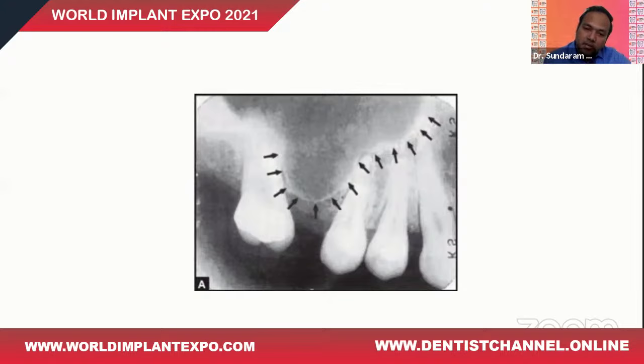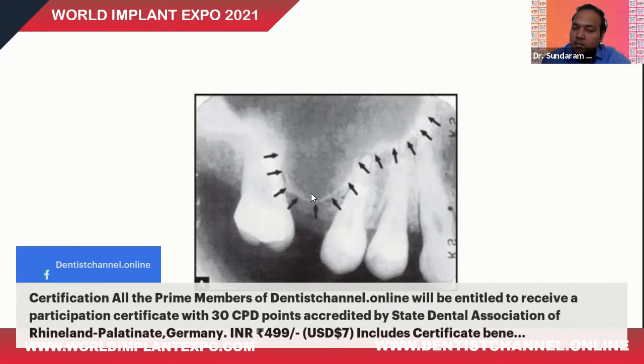For some unknown reason, the maxillary sinus can dip down, but will not completely erode the crestal cortical plate of the maxilla. Again, if I'm going to place the implant over here, I don't have an idea of how much bone is available, how much bone grafting I'll have to do, how much sinus lifting I'll have to do, what the surface of the floor of the sinus over there is.